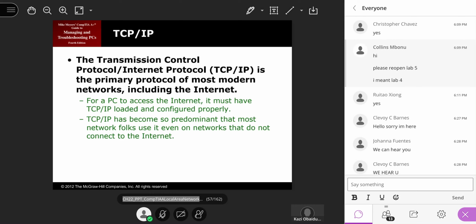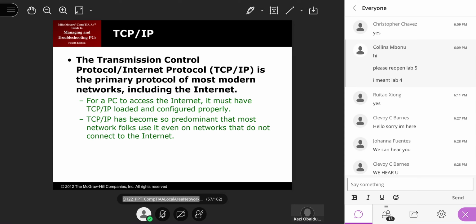Just a few slides I'll discuss. I'm not going in depth for this. The Transmission Control Protocol/Internet Protocol is the primary protocol of most modern networks, including the internet. So for a PC to access the internet, it must have TCP/IP loaded. I told you that if it's not loaded, that PC you cannot use for networking.